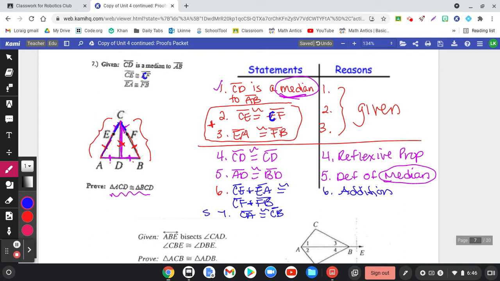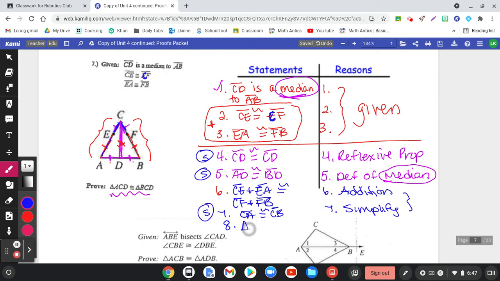And there's your other side, and that's just simplifying. Because remember, whenever you add or subtract, and then you simplify. All right, so we have our three sides congruent to each other. So we have our side right here, we have our side here, and then we have our side here.